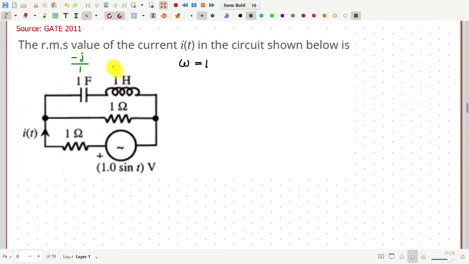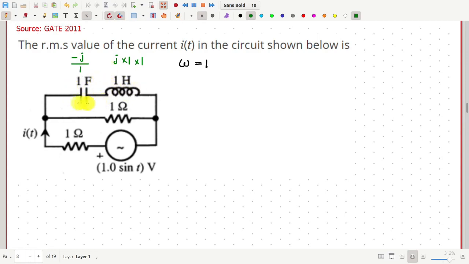The inductor impedance is J omega L. Omega is 1 and L is also 1. So we see that the sum of the capacitor impedance and the inductor impedance is 0.